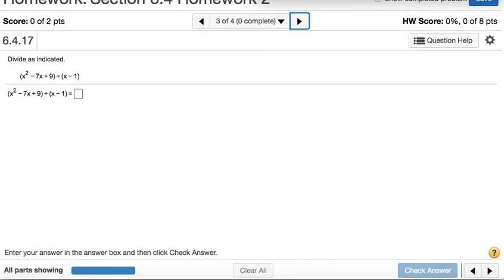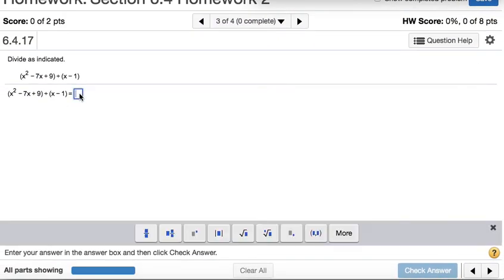What you're going to do is you're going to type in whatever you get for the first part, and then you're going to type the fraction using the fraction bar. So for this one, it's going to be like 3 over x minus 1. And so you would enter it like that. Again, use the fraction bar to enter that fraction.